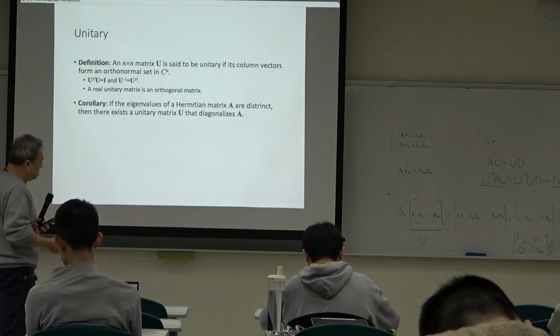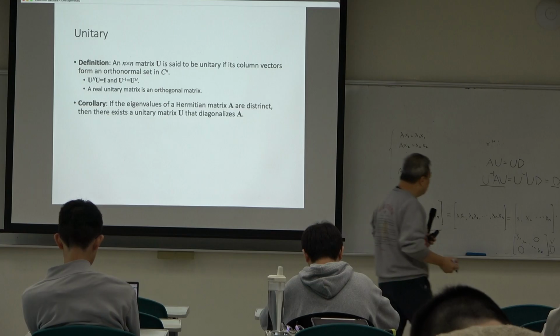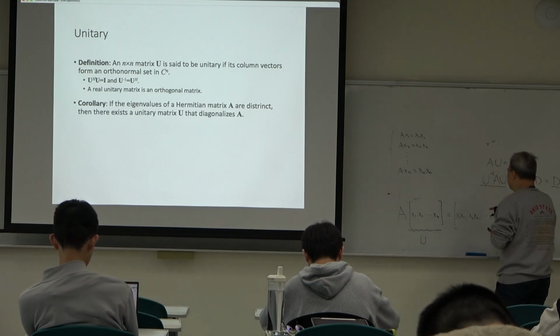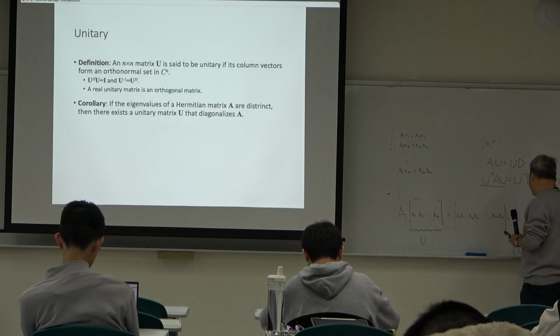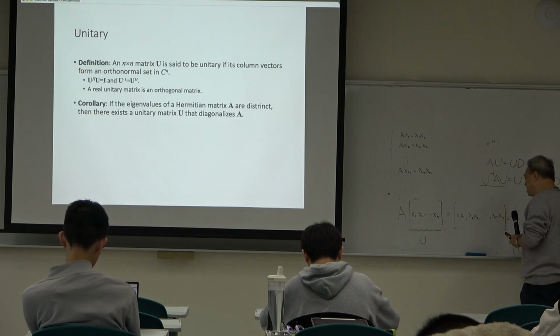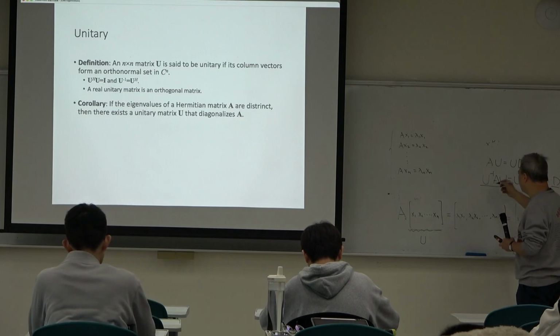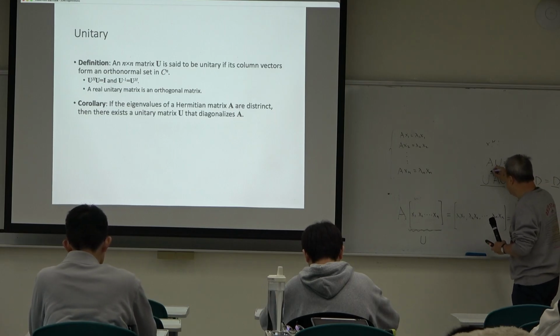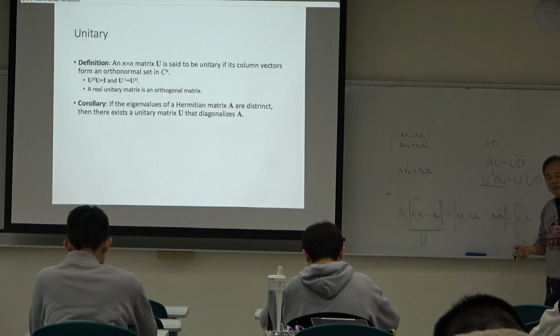Oh, by the way, I wrote U inverse, but actually, remember, these vectors are orthogonal to each other, right? So you can write U inverse as U H. They are the same, because these column vectors are orthogonal.